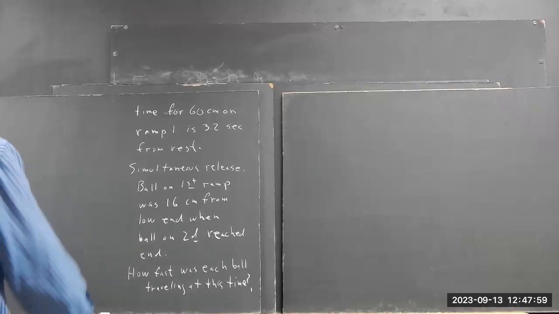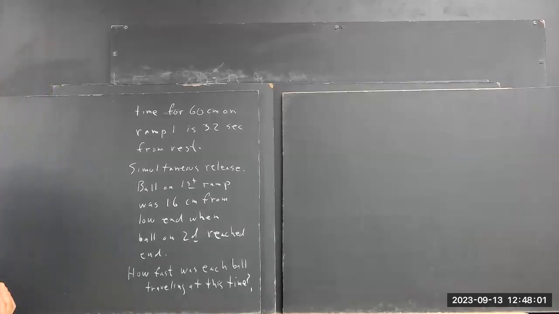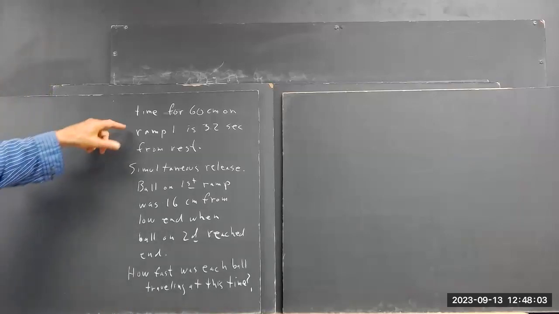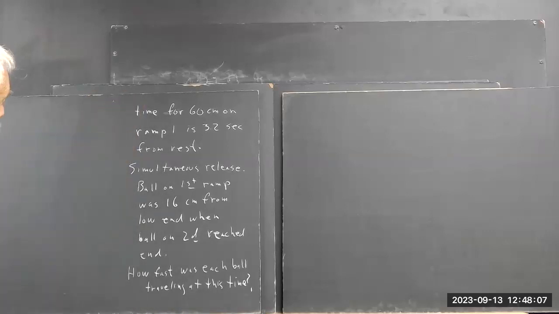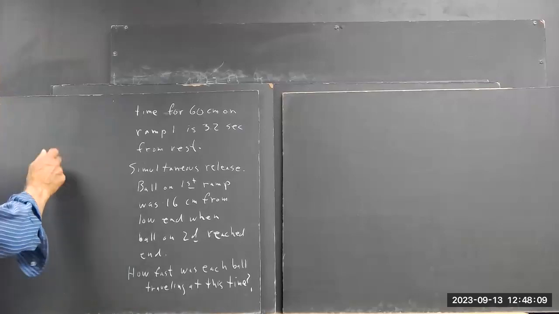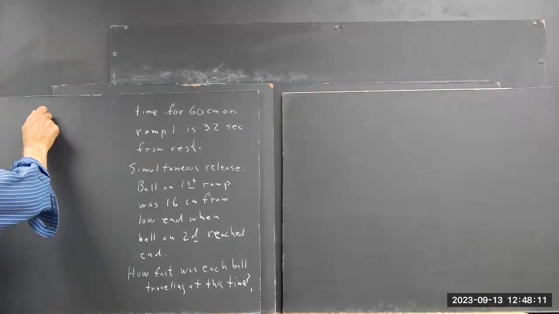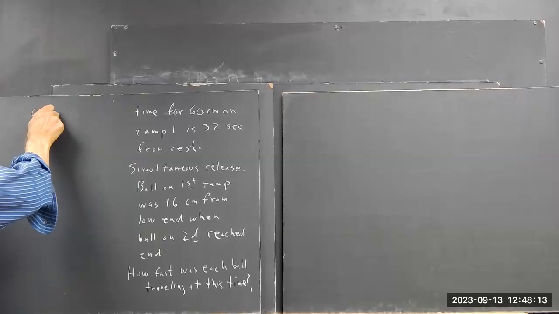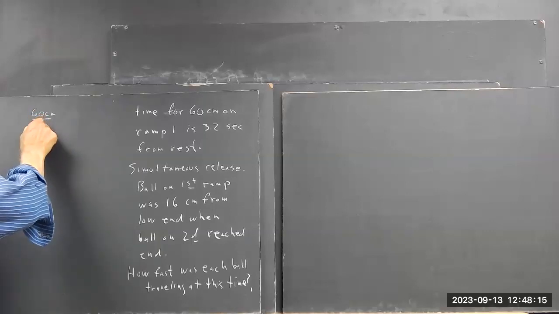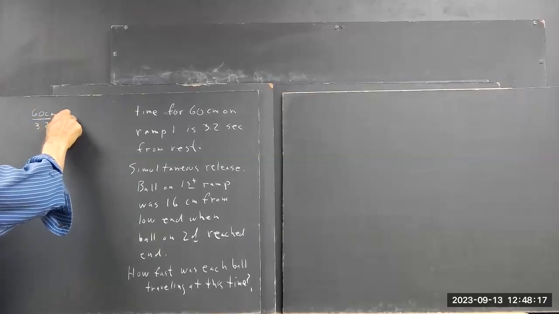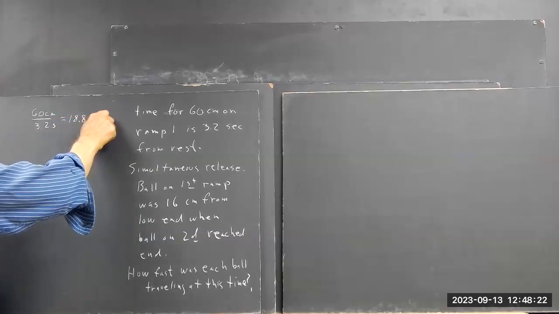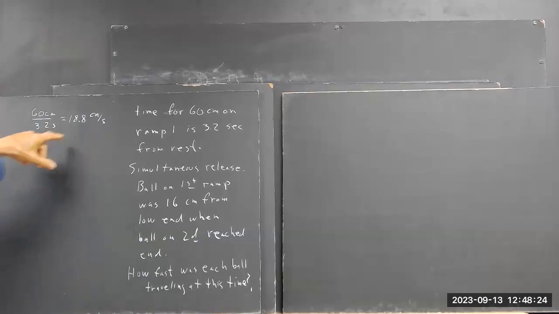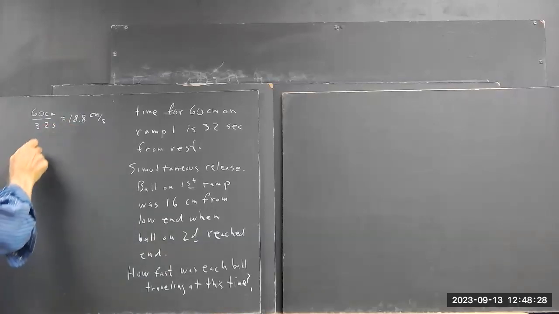Okay, everybody, fairly quickly did the right thing here. There are a couple of ways to figure out this motion. Okay, first of all, you could say 60 centimeters over 3.2 seconds, 18.8 centimeters per second.